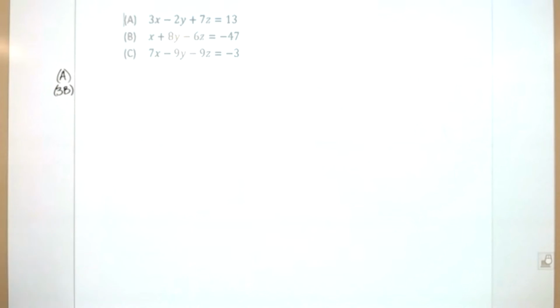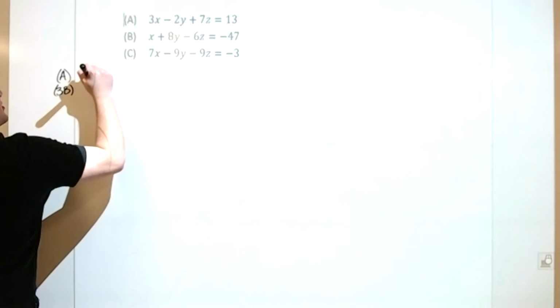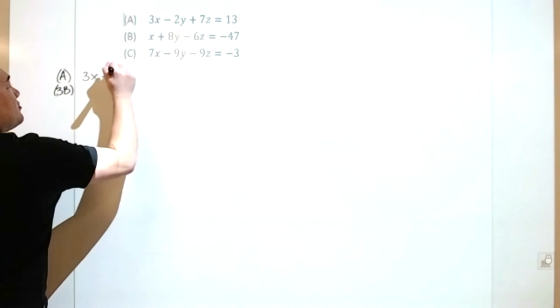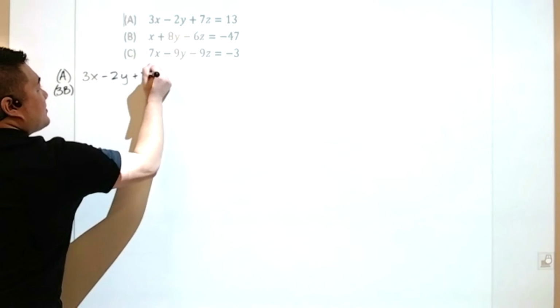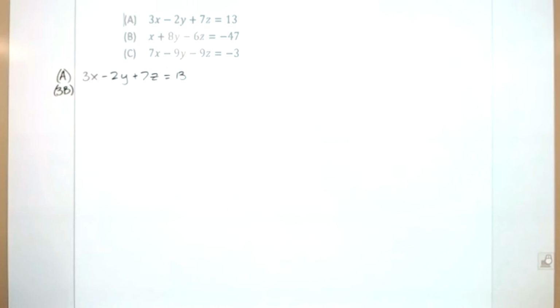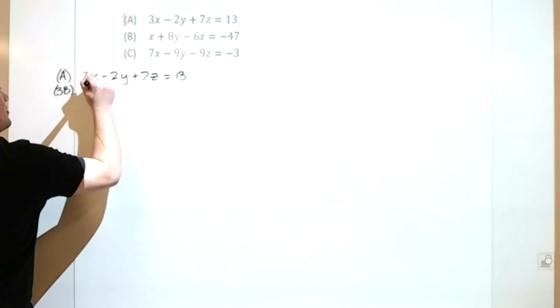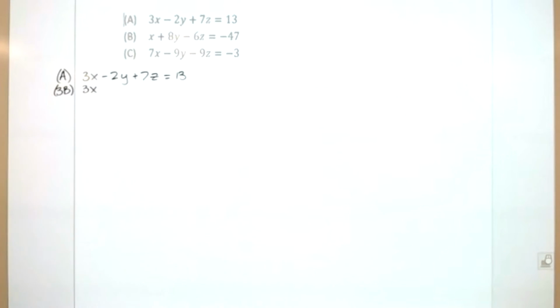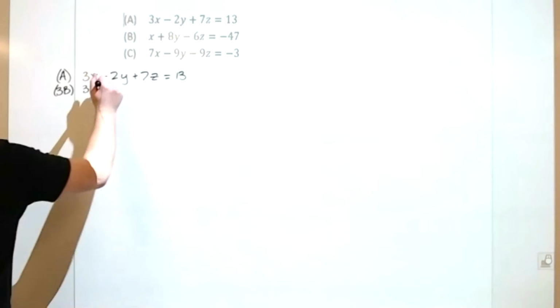All right, so A is exactly as it is, 3x minus 2y plus 7z equals 13. And now I'm going to multiply everything in B by 3. So this is going to be 3x. 8 times 3 is going to be 24, so plus 24y.